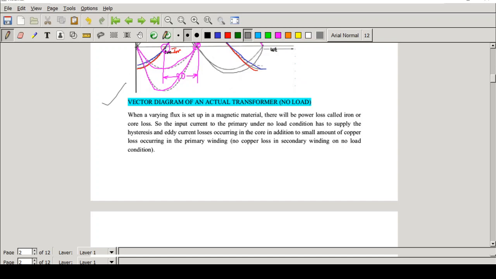So in the transformer, there are mainly two types of losses. One is called core loss. Another name for core loss is iron loss. So core loss or iron loss.